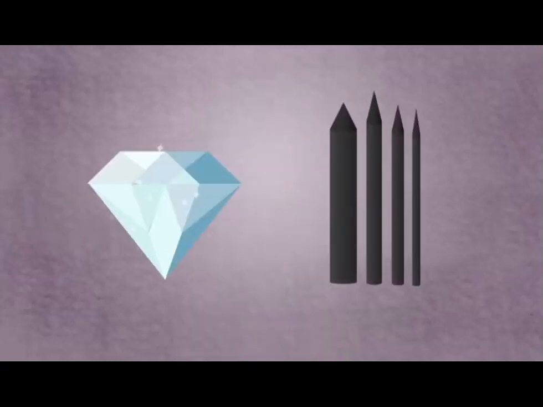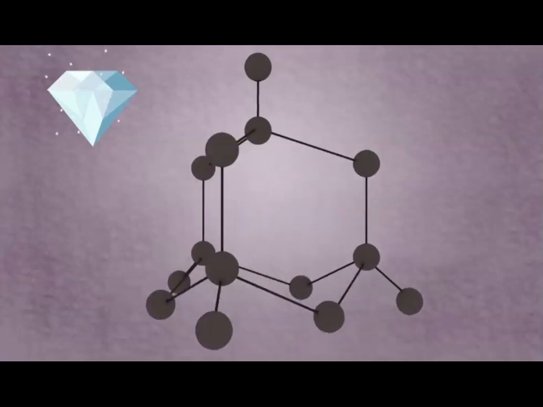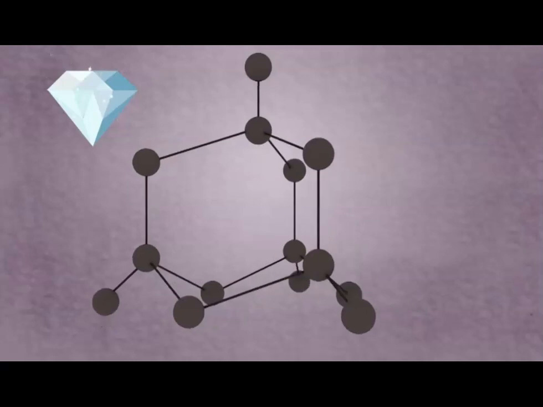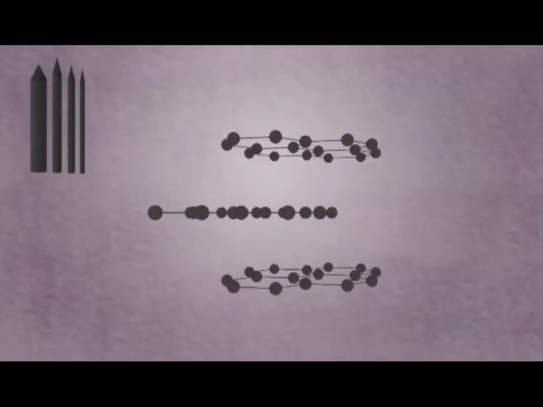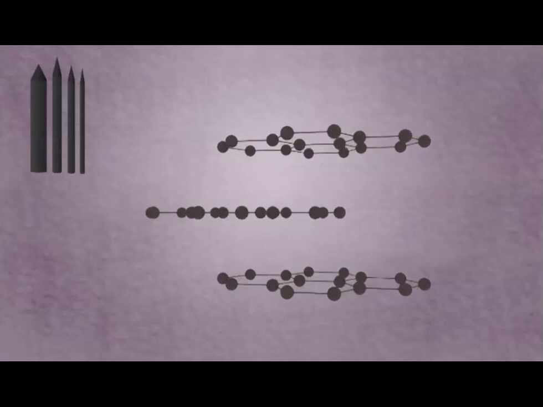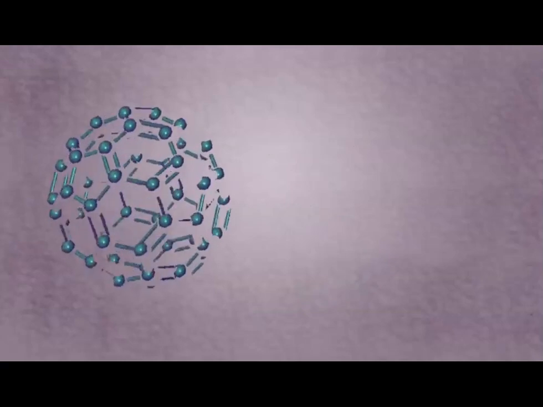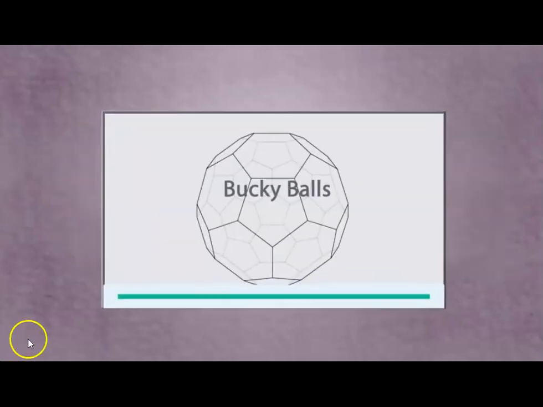These differences are due to the arrangement of carbon atoms within the structure. Each carbon atom in diamond is covalently bound to 4 other carbon atoms in a tetrahedral structure. Each carbon in graphite is covalently bound to 3 other carbon atoms in a trigonal planar structure forming hexagonal sheets. Some other allotropes of carbon include the Buckminster fullerene molecule and graphene. You can learn more about these structures right now.